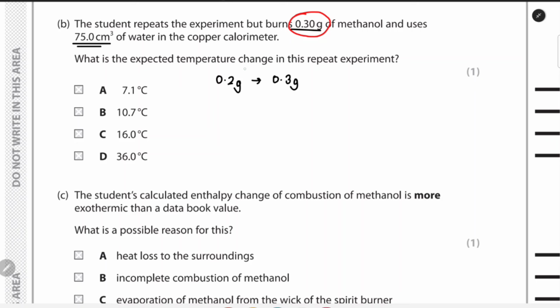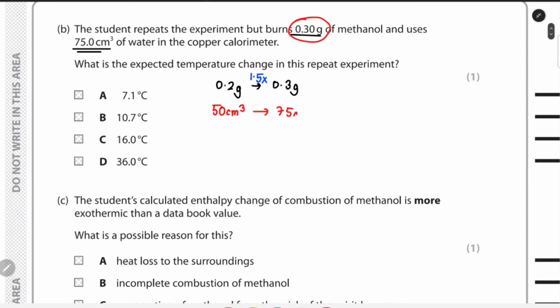So now the mass of the fuel is 1.5 times what it was, and for water instead of 50 cm cube, now I have 75 cm cube.